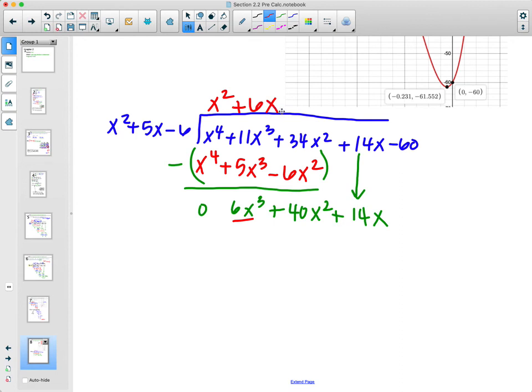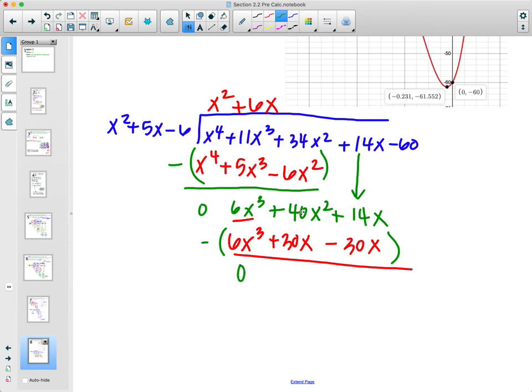So plus 6x. So multiply 6x times x squared is 6x cubed. 6x times 5x is plus 30x squared. 6x times negative 6 is minus 30x. Subtract these. So 6x cubed minus 6x cubed is 0.